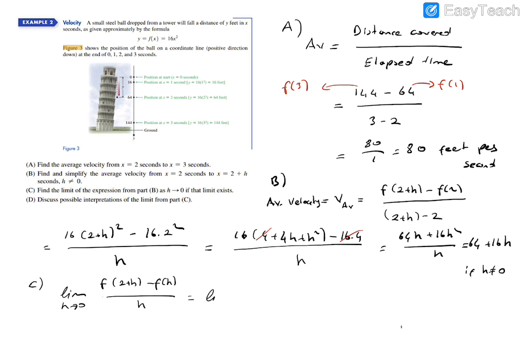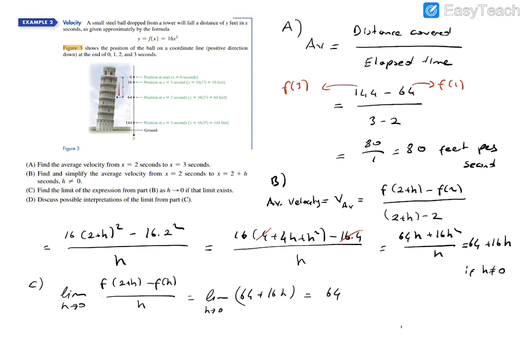So this limit, we have already calculated. This quotient equals 64 plus 16h. So when h goes to 0, 16h goes to 0, so this is 64. So this value is called the instantaneous rate of change, or instantaneous velocity. And it is also called the derivative of the function f at the point 2, in the future.